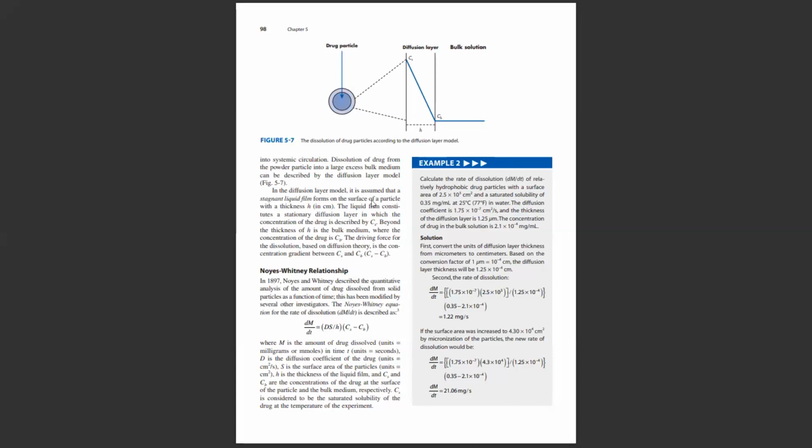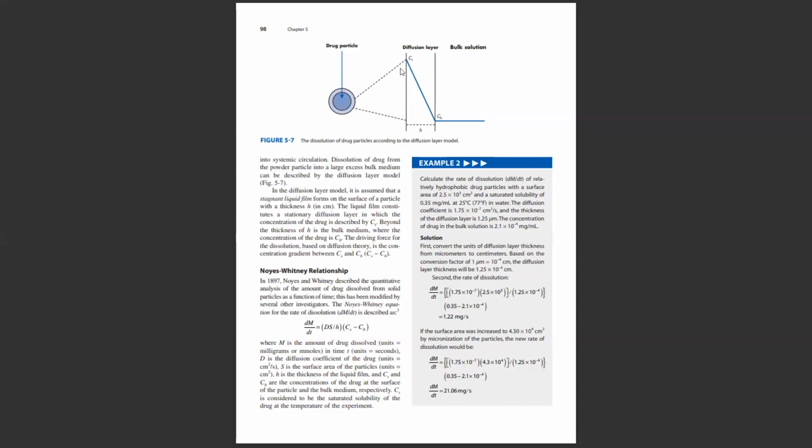This model assumes that a stagnant liquid film usually forms on the surface of a particle with a thickness denoted h in centimeters. This liquid film constitutes a stationary diffusion layer in which the concentration of the drug is described by Cs.